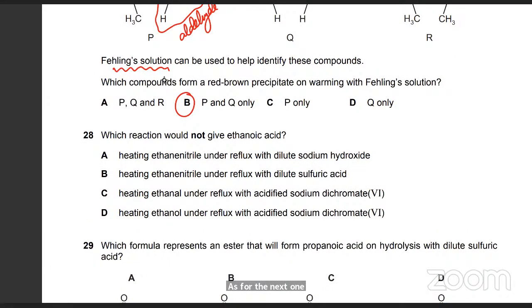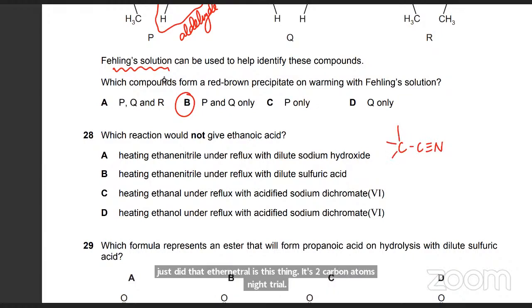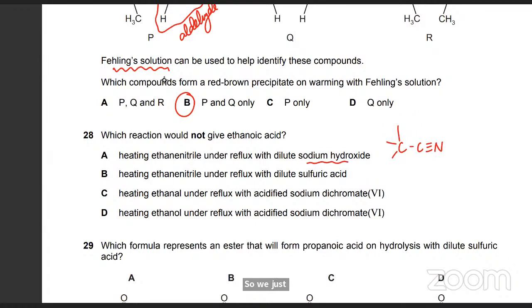Which reaction would not give ethanoic acid? Ethane nitrile, we just did that. Ethane nitrile is this thing. It's 2 carbon atoms, nitrile. So we just said if you heat it with NaOH or you hydrolyze it, it will turn into a carboxylic acid. It won't form the acid, but its salt, since the conditions are alkaline.